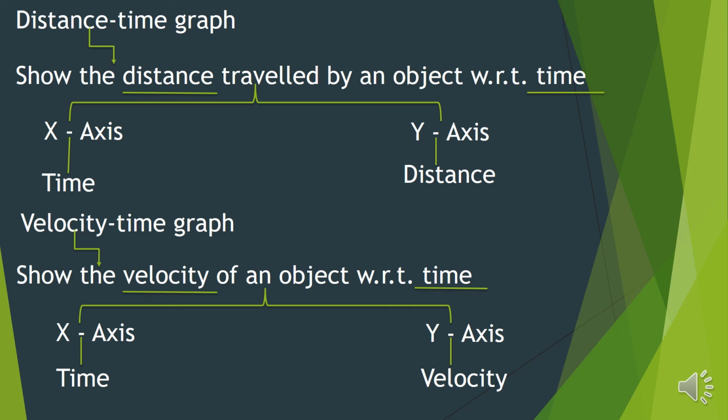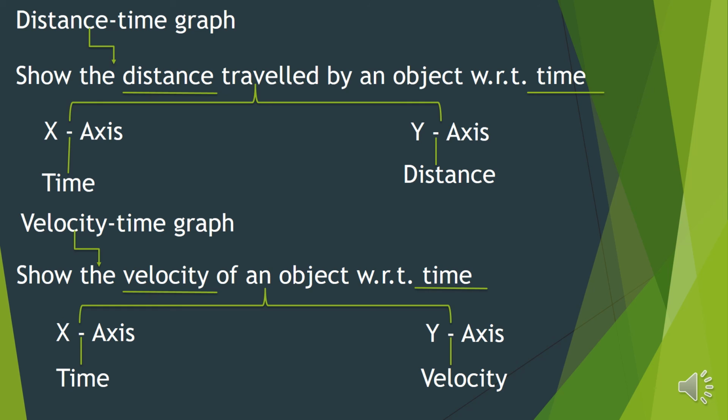ओके, there is no rule कि आपको X axis पे time ही लेना है और Y axis पे velocity ही लेना है. You can interchange, but for our convenience, जो भी independent quantity होती है, don't learn time on x-axis, distance on y-axis, time on x-axis, velocity on y-axis. Don't learn.